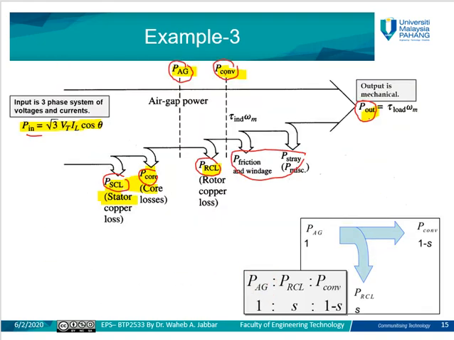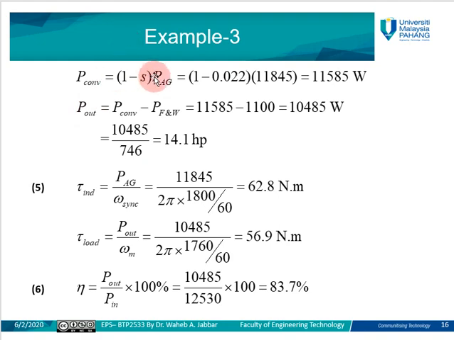From this formula, P converted is equal to 1 minus S times P air gap. Okay, so the formula says P converted, the required converted power, is equal to 1 minus S times P air gap. We have S here and we have the air gap power, so we can just substitute for the S value and the air gap power value.